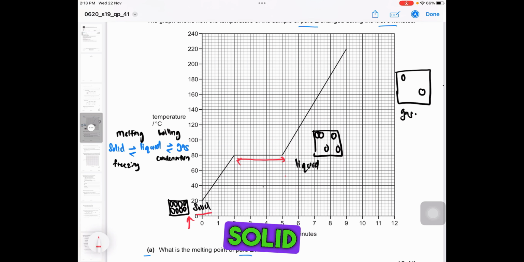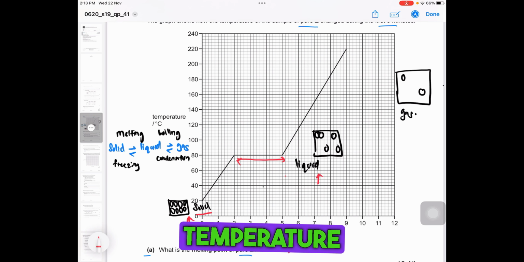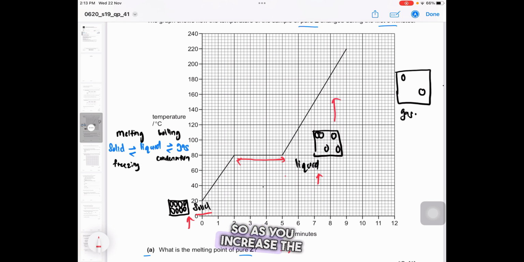Once all the solid particles are melted into liquid, further energy input will then increase the temperature of the liquid. As you increase the temperature, the molecules gain more energy, move faster, eventually reaching a point where they have enough energy to overcome the forces of interaction between the particles and turn to a gas.